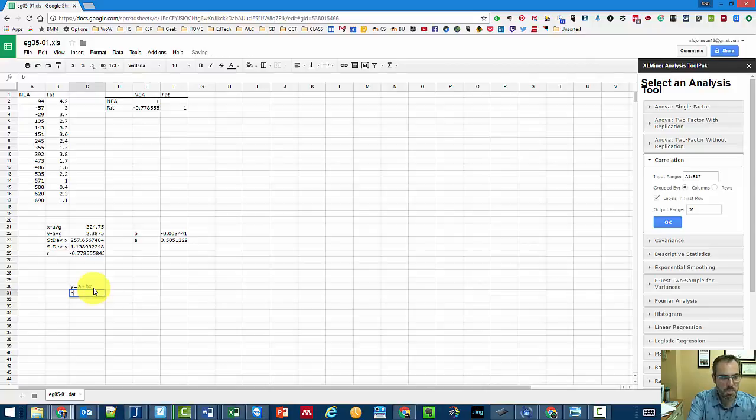And we ended up saying that b was really equal to whatever our correlation was times the standard deviation of y times the standard deviation of x. And we also needed a, which was equal to the average y minus b times the average x.